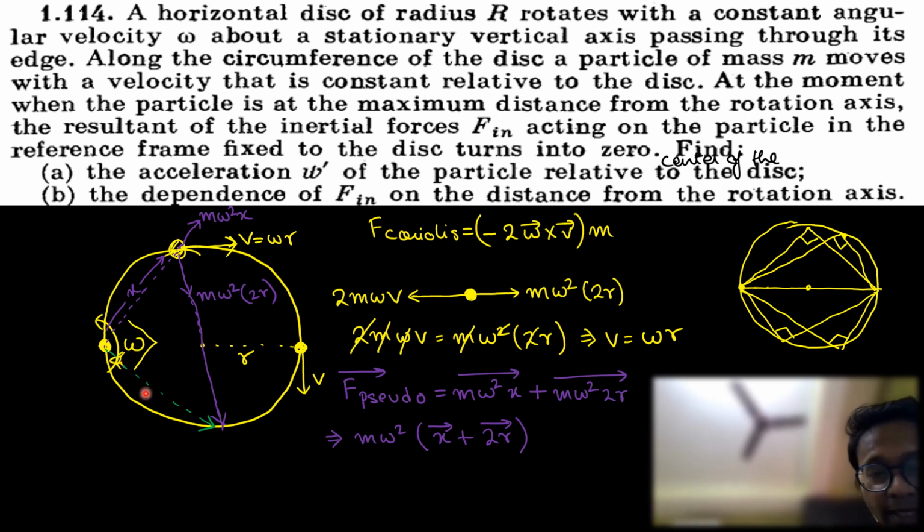So the resultant will be hypotenuse square minus x square. The magnitude of this vector is hypotenuse square, which is 2r whole square, minus x square, because I have to find the magnitude of this one. And the direction of this vector is already this direction. And how did I find this vector?